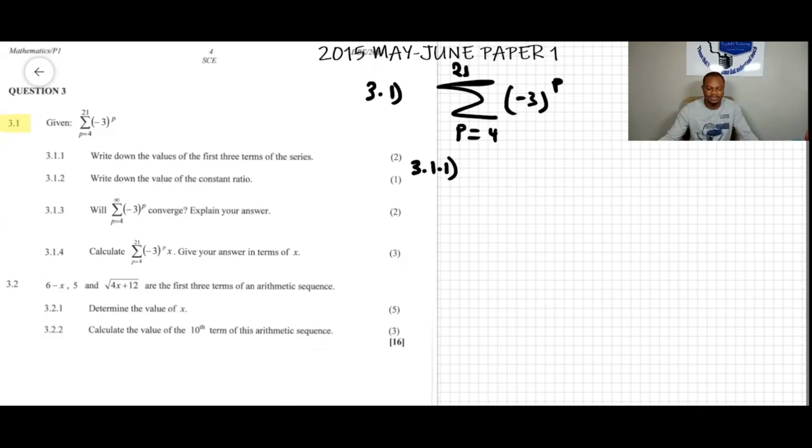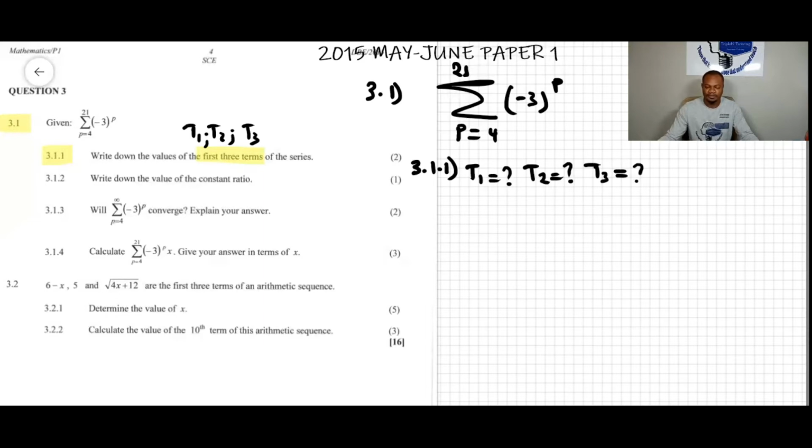So question 3.1.1 says, write down the value of the first three terms. So the first three terms are T1, T2, and T3. We're looking for the value of T1, the value of T2, and the value of T3.